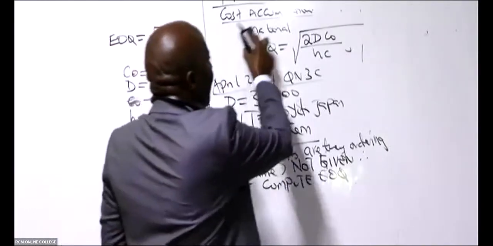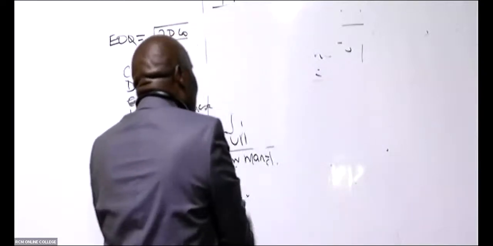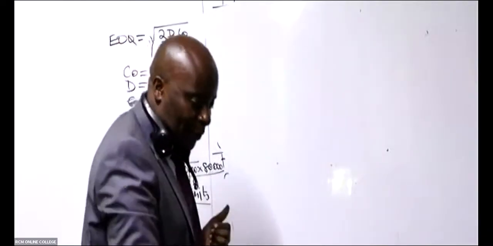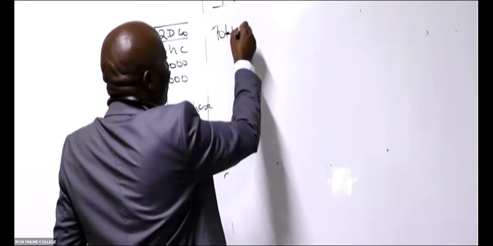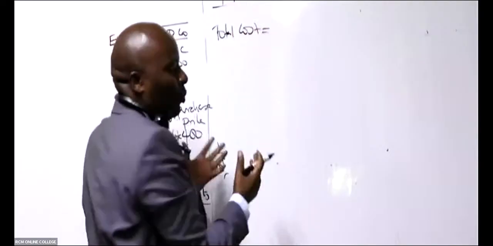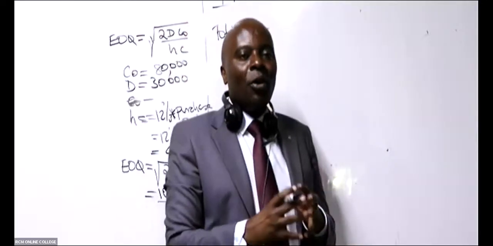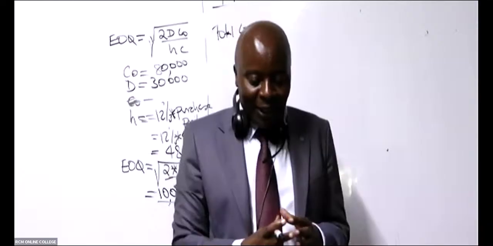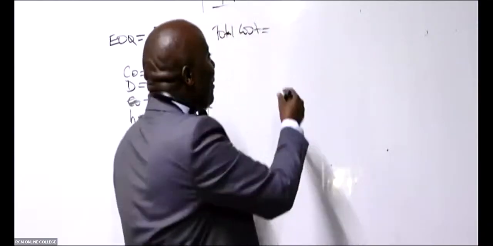So then, what is the total cost of the current system? Is there somebody who remembers the formula for getting total cost? I gave you a formula, and we premised it on Mwai Kibaki's political party. This guy belonged to which political party? DP.